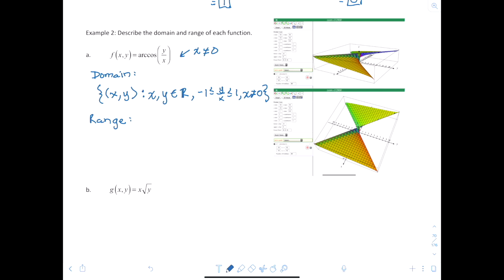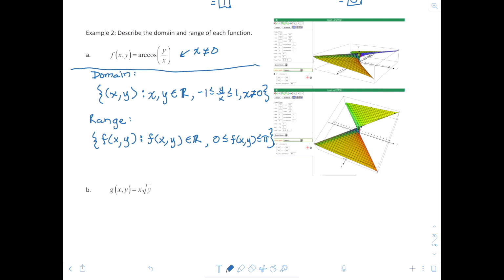We will have f of x and y, or you could put z if you wanted, such that the output belongs to the real numbers, right? And what else? It's between, beautiful, between 0 and pi inclusive. All right, so that's the result to the first one.